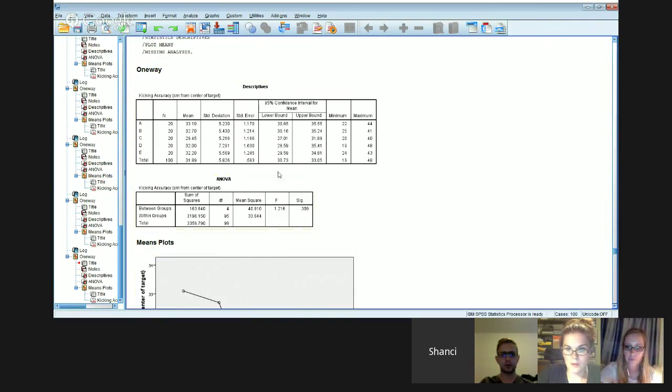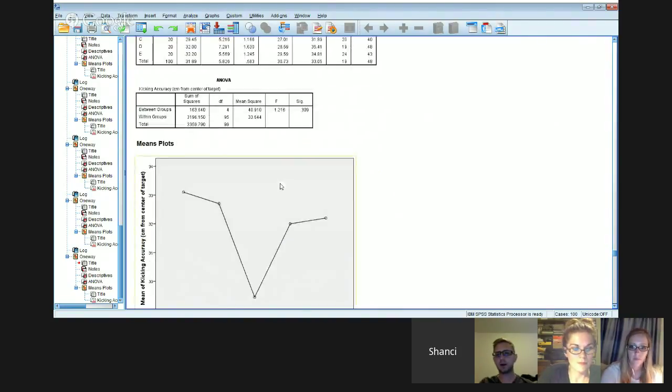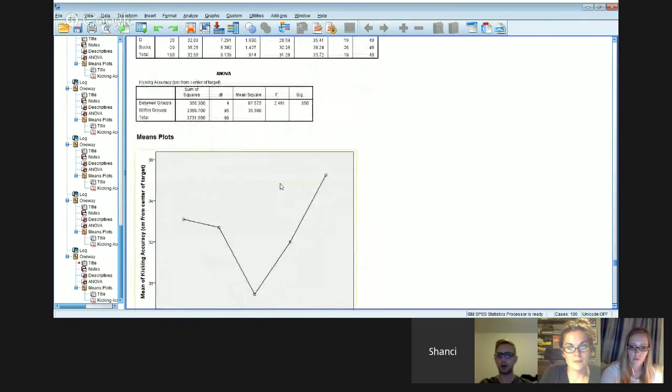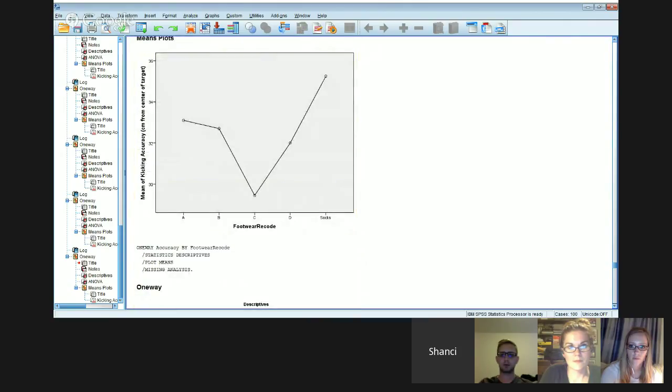Can you see where my mouse is going now? It's to the left of the p-value. The F is to the left of the p-value. Okay, yeah, but it's asking the p-value is to the right or left of the F. The p-value is to the right. Oh, yes, the p-value is to the right.